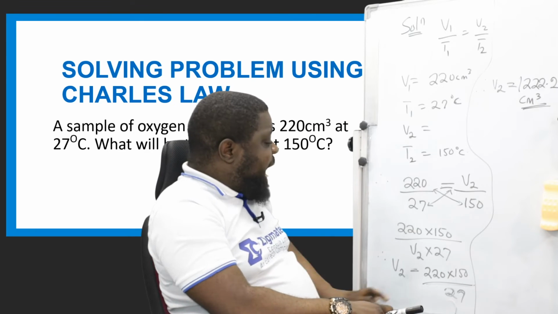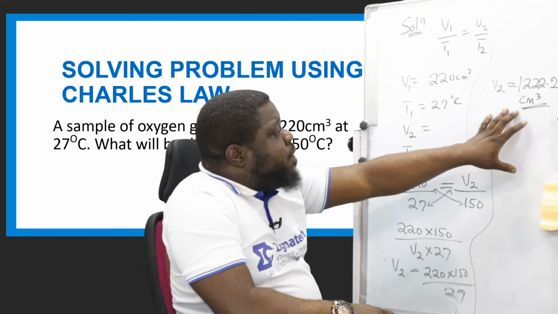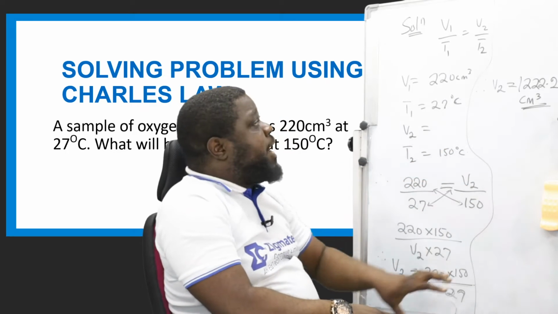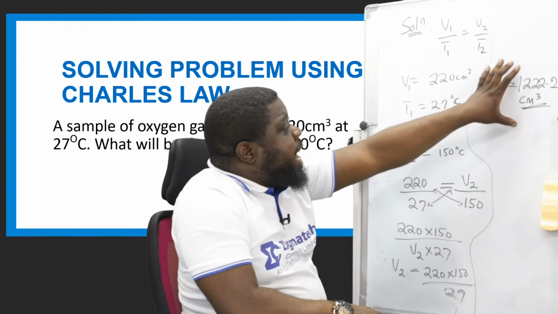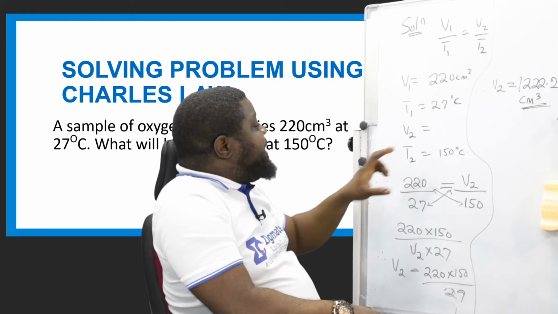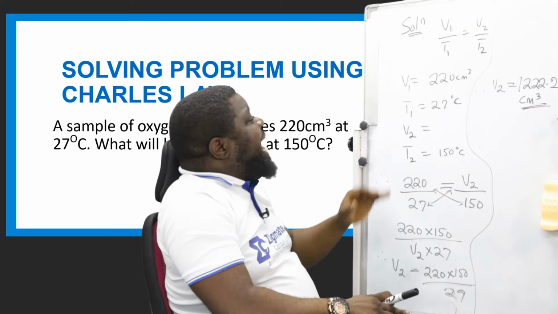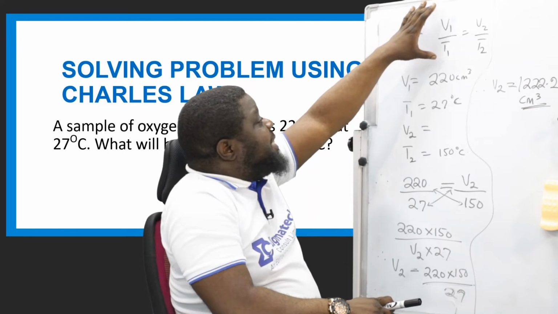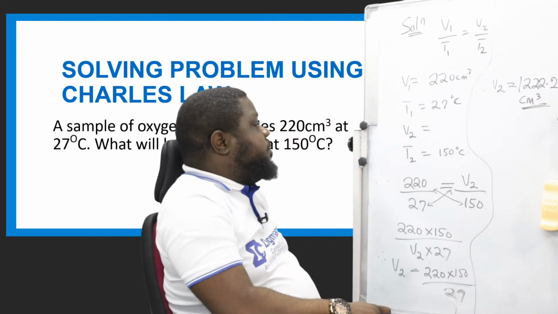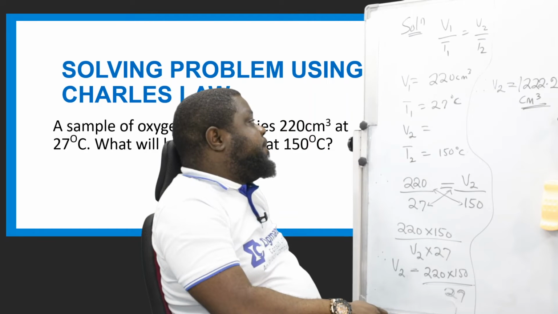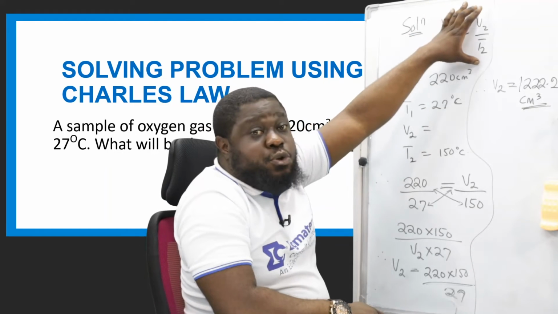Now, if you carry this 1,222.2, place it in V2 and make your division, you will see that the answer you get here will still be the same answer that you get here.